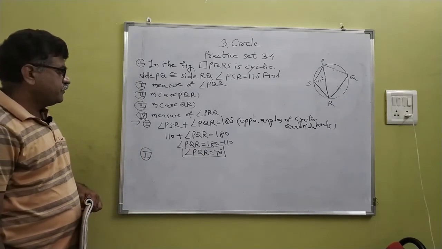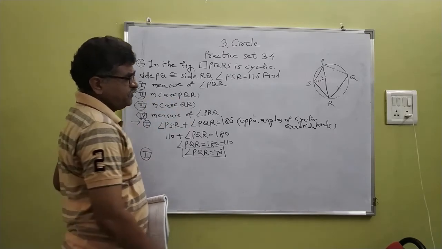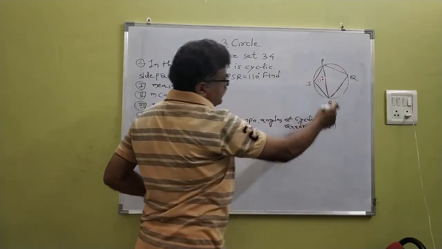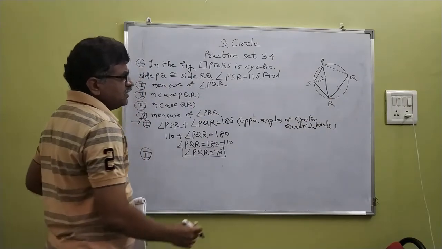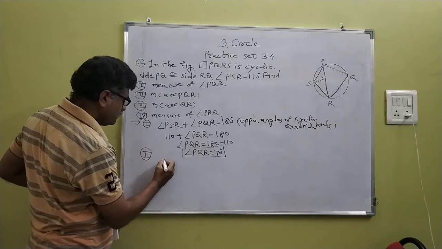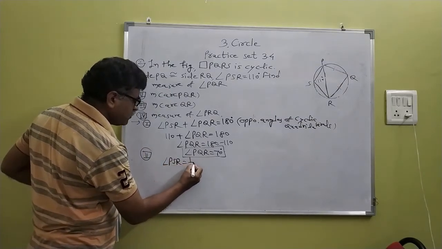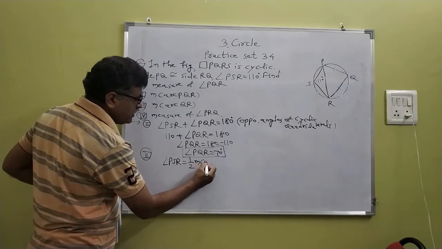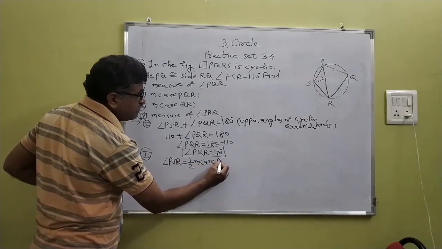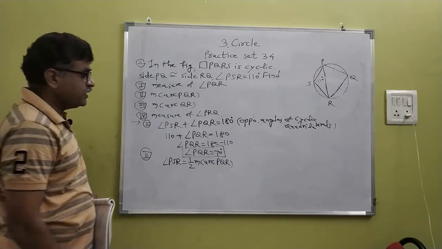Now second, we have to find the measure of arc PQR. Angle PSR is equal to 1 upon 2 the measure of arc PQR.